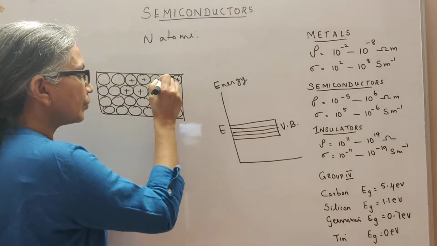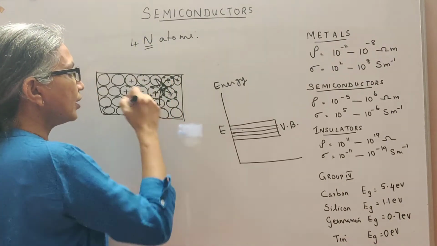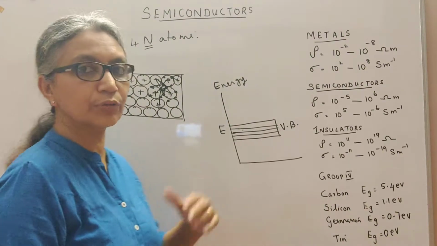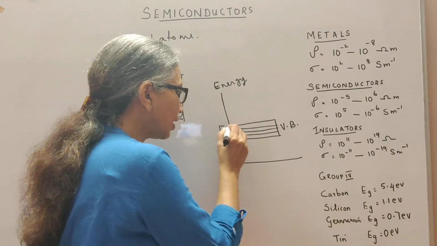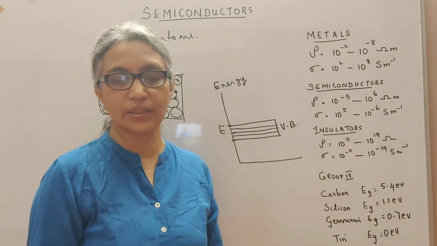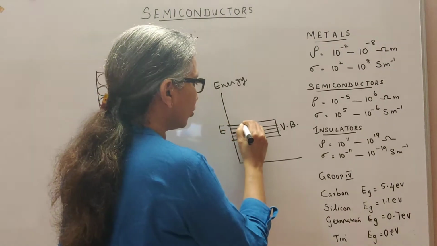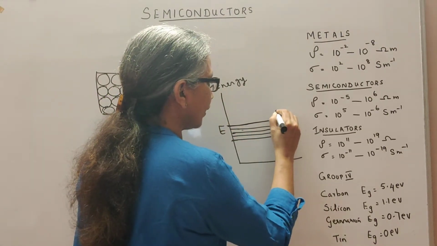Each atom has 4 valence electrons. If there are n atoms, there will be 4n valence electrons, each of them having a different energy level, and that range of energies possessed by these valence electrons in this crystal is what you call the valence band. Now the uppermost level of this valence band we denote as EV.